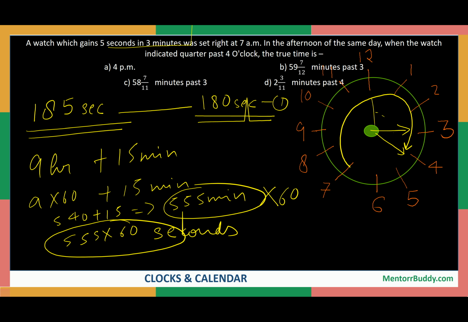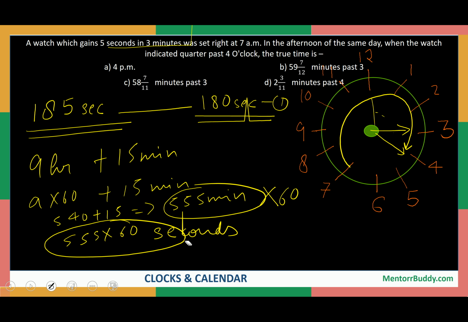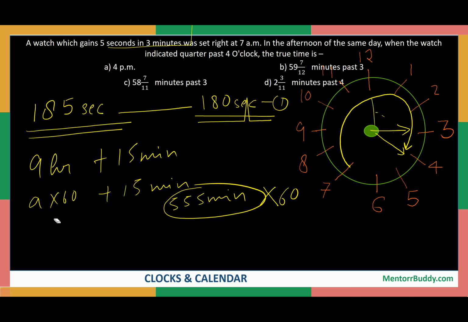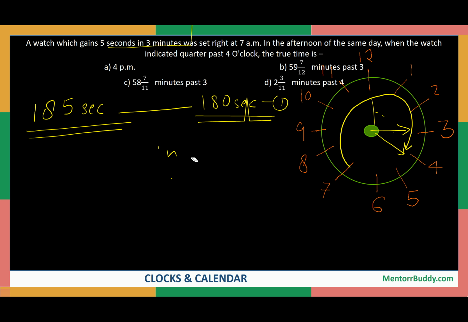Okay, now we have this, that for each 185 seconds the original clock is moving only 180 seconds, right? So we can quickly use the unitary method to further solve this question, right? From here we can see that for each 185 seconds the original clock is moving only 180 seconds. So for each second of a faulty clock, the true original clock will move how much? 180 divided by 185 seconds, right?